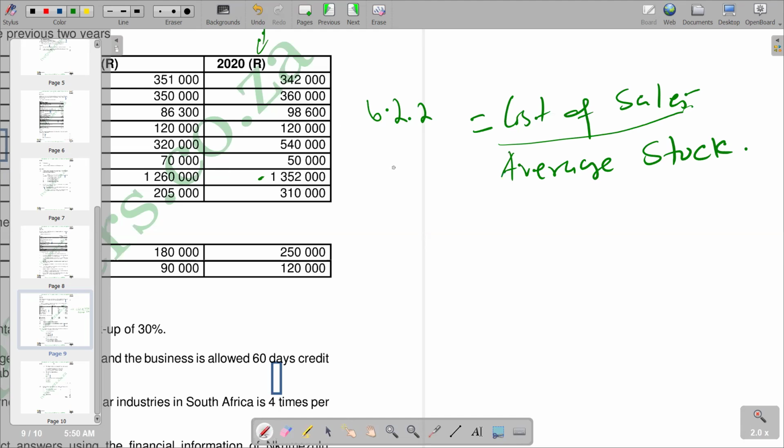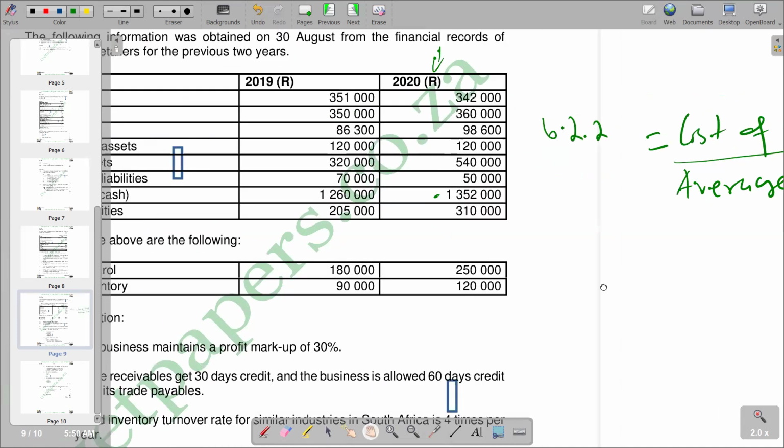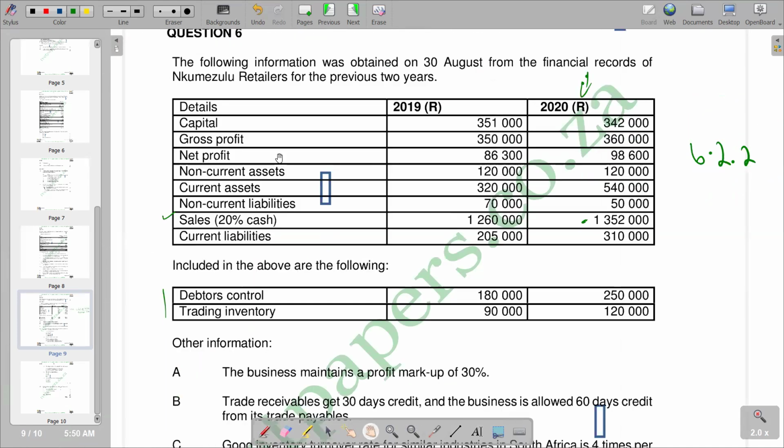So we check the cost of sales figure according to the information given. Let's just see if we are given the figure for cost of sales. You see that we are given gross profit, net profit. We don't have cost of sales for the given sales.